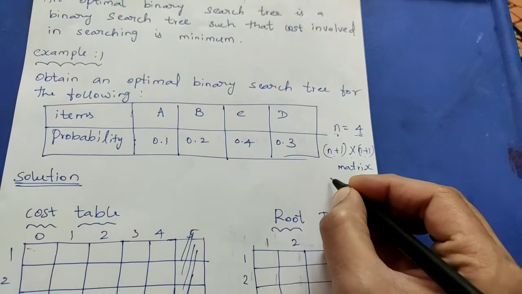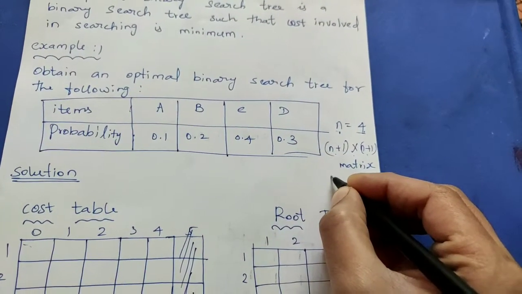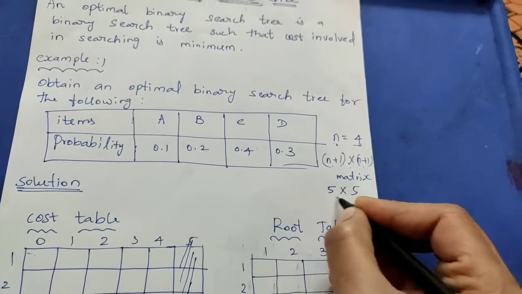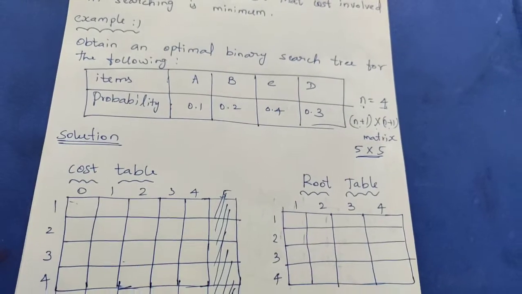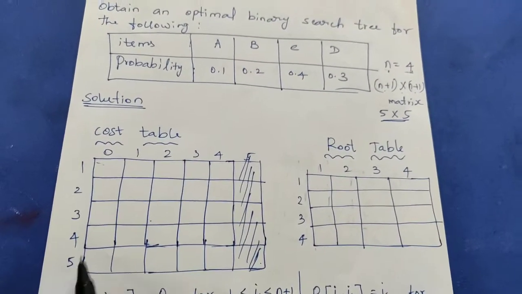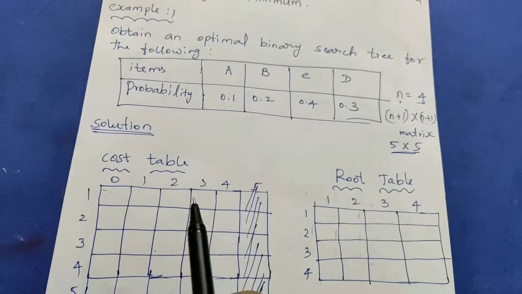That is, n is 4, 4 plus 1 it will be 5. A 5 by 5 matrix you need to take as the size of the cost table. So here on this side you have 5, here also you have 5.